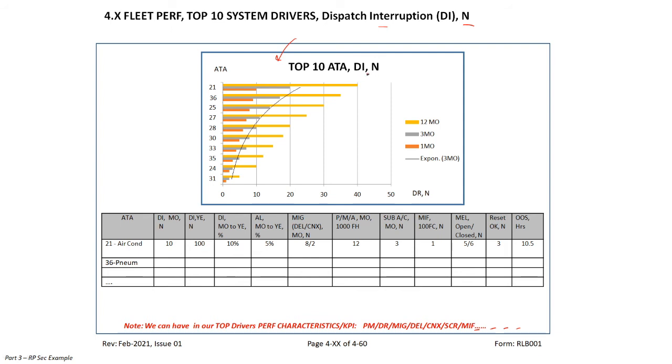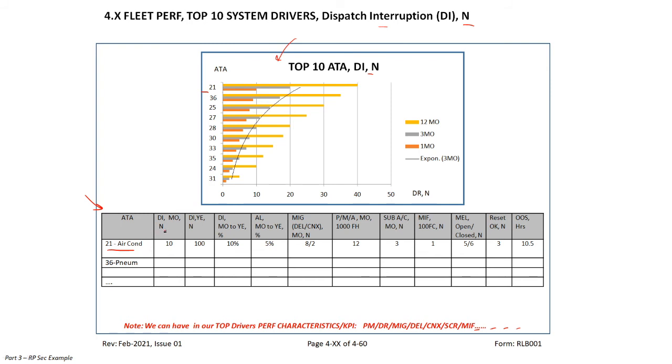DI numbers here, right? But I'm going to start from the supporting tables, okay? So the top driver, right, is 8821. So I'm using 8821, air conditioning. This report is about dispatch interruption.